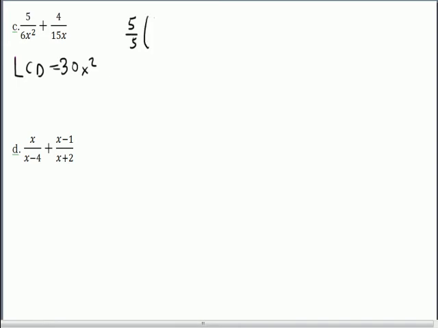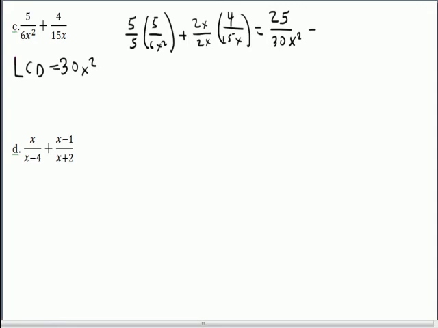It's always okay to multiply by 1, times the 5 over 6x squared, plus, well, I'm going to take 2x over 2x times 4 over 15x. And simplifying each of those, we'll get 25 over 30x squared plus 8x over 30x squared.